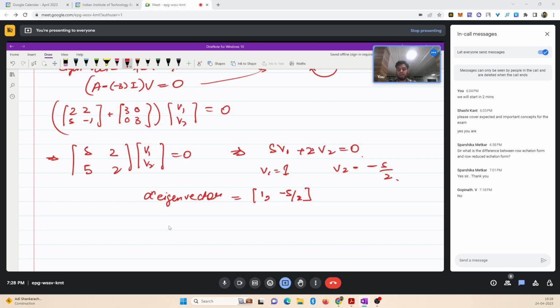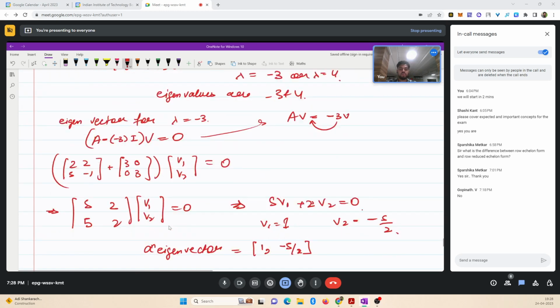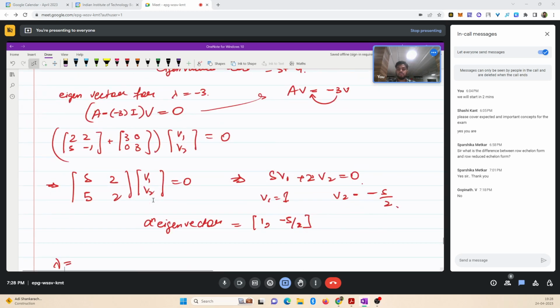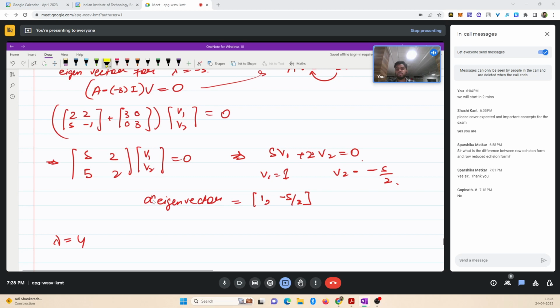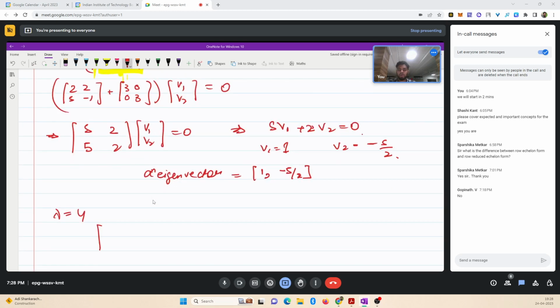Okay. And similarly, you can find for lambda is equal to 4, again using this particular condition with 4 over here, what I obtain is minus 2, 2, 5, minus 5, V1, V2 is 0, or I would obtain minus 2V1 plus 2V2 is equal to 0, or V1 is equal to V2.